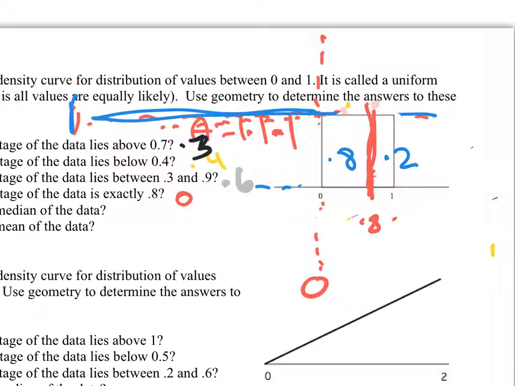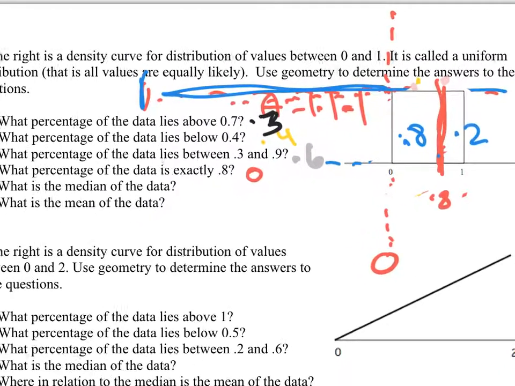So if the line had dimensions of 0.1, like you thought, then 0.8 plus 0.1 plus 0.2 would be what? 1.1. It can't be 1.1 because the definition of a density curve says it can't be more than 1. So it has to be 0, using our definition. Does that make sense?